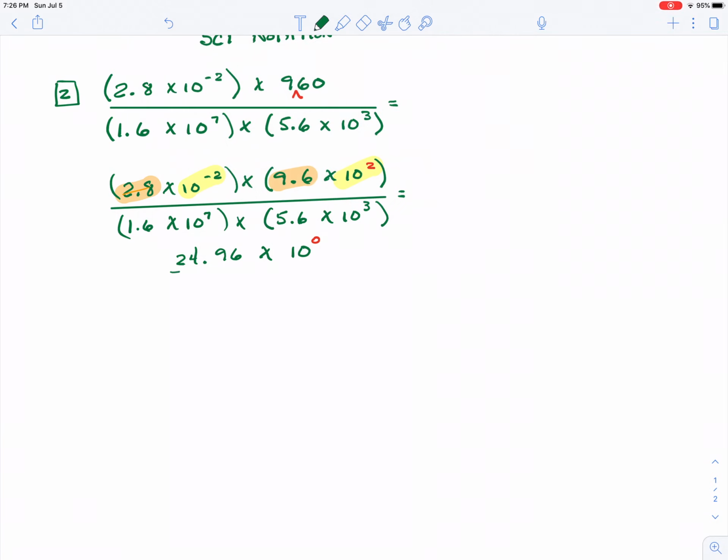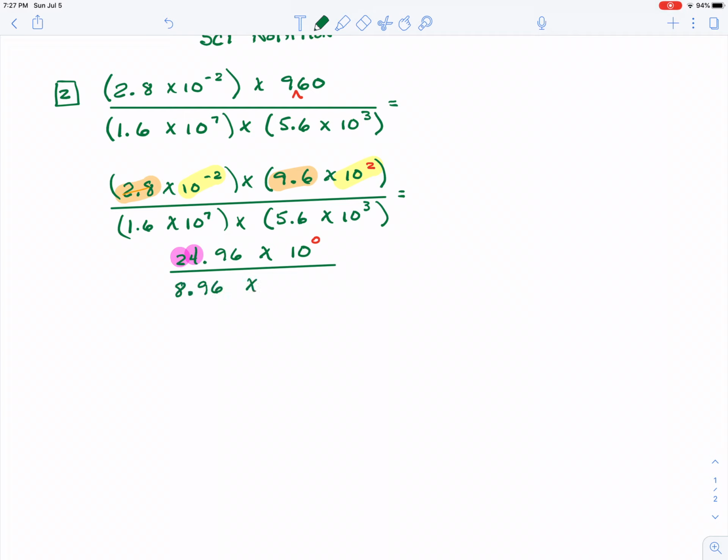Now, that top piece is not in scientific notation because it's got these 2 places here in front of the decimal, but I'm not going to worry with that just yet. I'm going to wait until I finish the work and see how it turns out, see if I need to make an adjustment. So now I'm multiplying 1.6 times 5.6 to get 8.96.